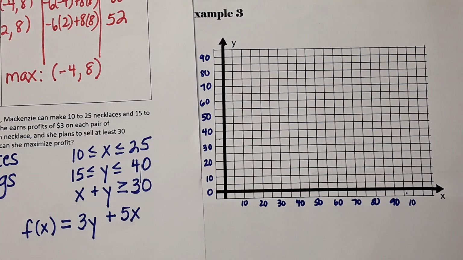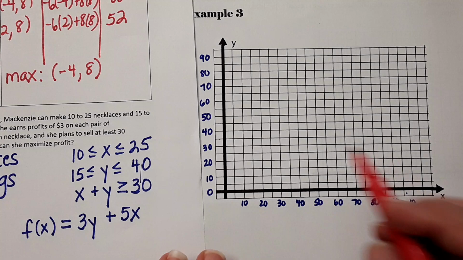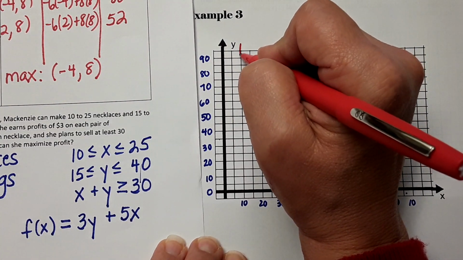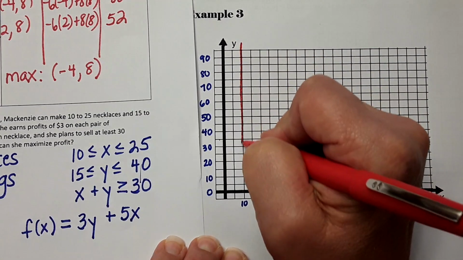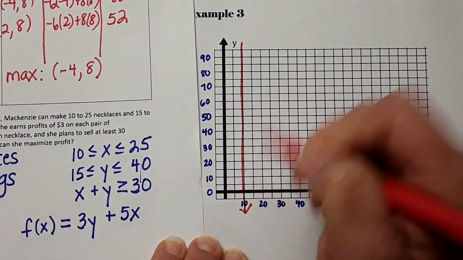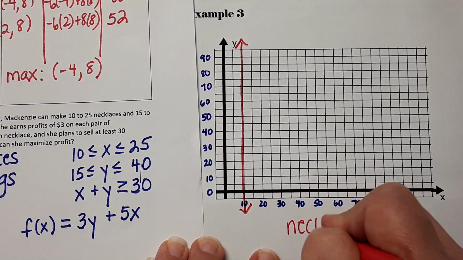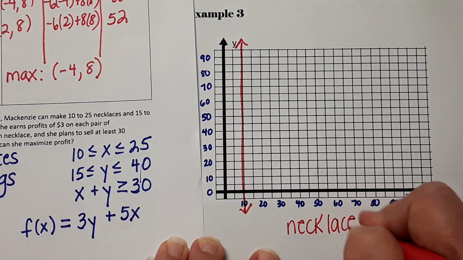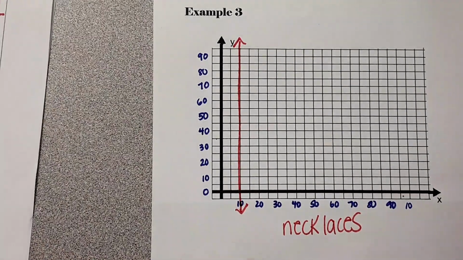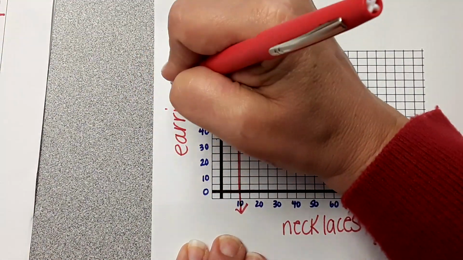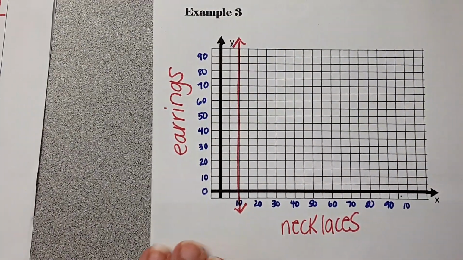Okay, so now the X between 10 and 25. So the X is going to be a straight line, right? And I need to put this as necklaces. So this is where my necklaces are, and this is where my earrings are.